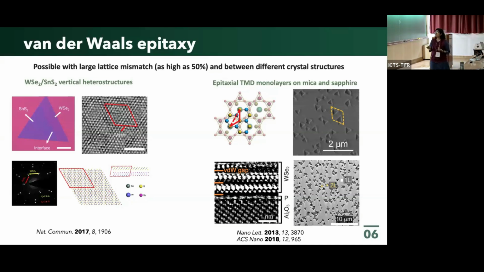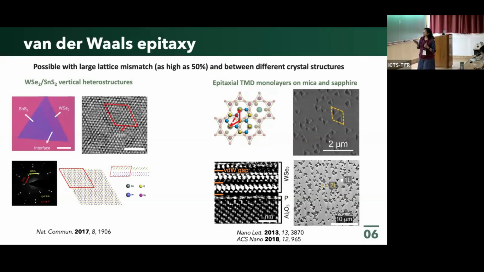One of the possible things that can happen is that a commensurate lattice gets formed. There are certain regions or crystallographic orientations where there are minima in energy, and the second layer will try to grow along those orientations. So this is one example. Then we can also see other examples where transition metal dichalcogenide monolayers were grown on mica and sapphire.